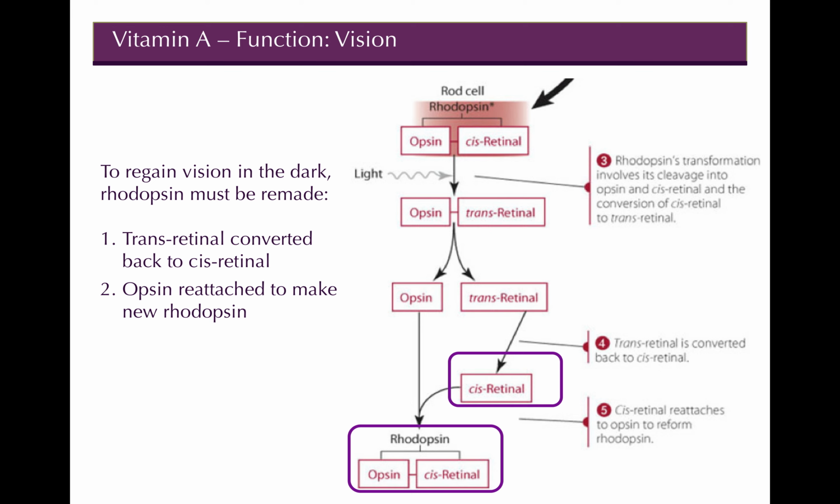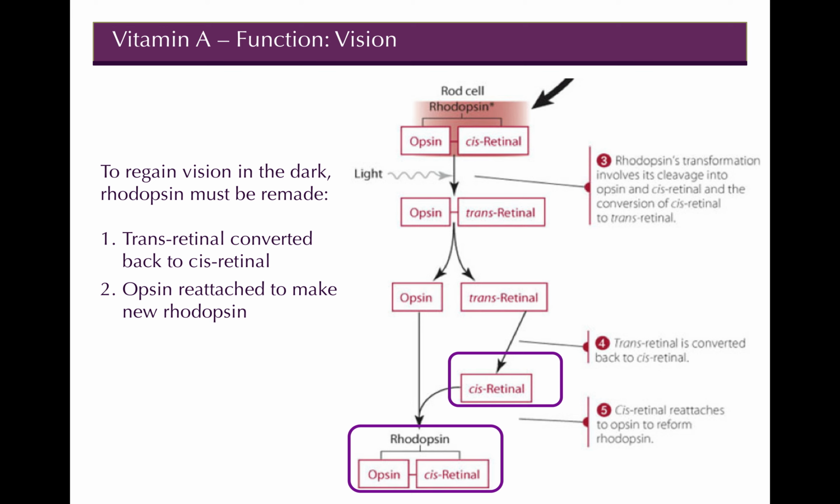And that's one way that they can measure appropriate vitamin A status. If you are in a bright place and then all of a sudden you walk into a dark room and it takes you a very long time to be able to see even a little bit, that's one way you can tell that you maybe have lower vitamin A status.